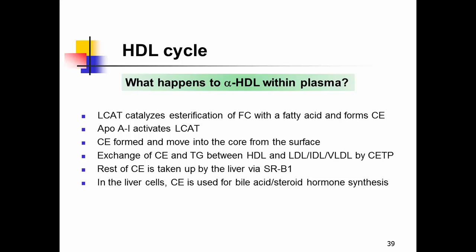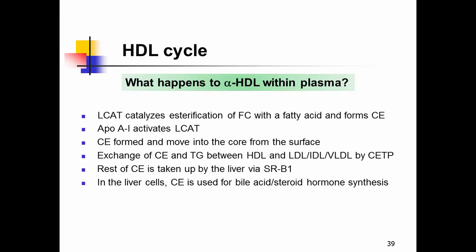So now what happens to alpha HDL within the plasma or in the circulation? We mentioned this enzyme, LCAT. This enzyme catalyzes esterification of free cholesterol, which was initially picked up from the peripheral cells, to form cholesterol esters in the circulation.